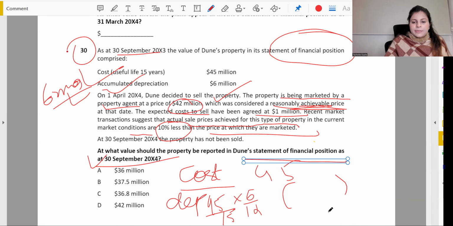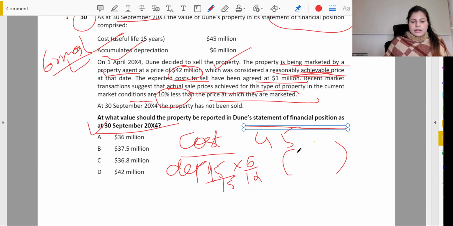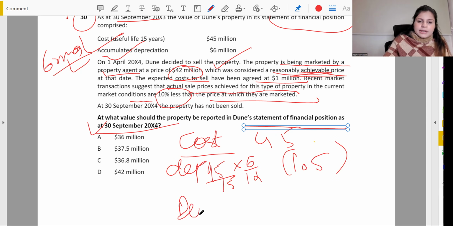That is 1.5. What's your previous depreciation till date? 6 million.